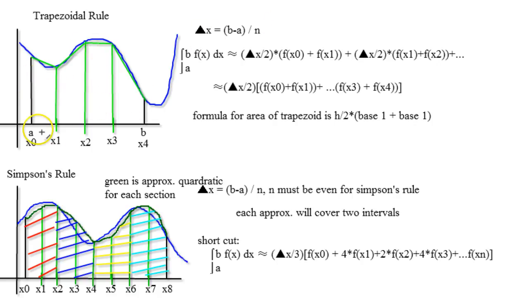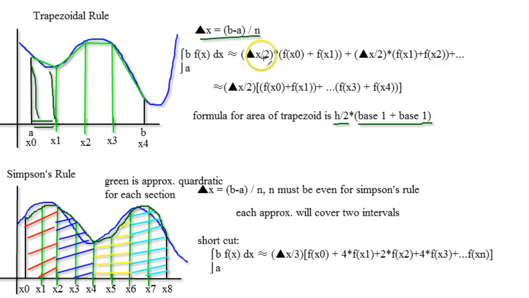I'm still finding delta x the old way, b minus a divided by n, except now I'm going to use the formula for the area of a trapezoid, which is height divided by 2 times base 1 plus base 2. If you turn your head on its side, the height is now this, and this is base 1, and this is base 2.